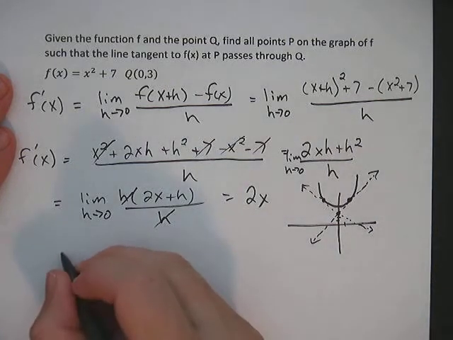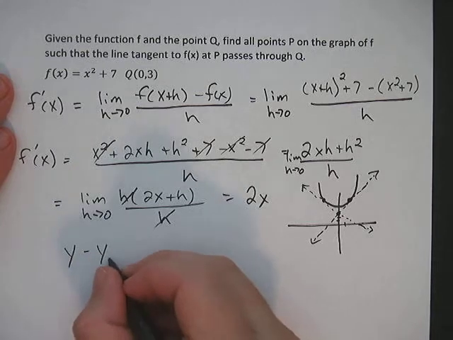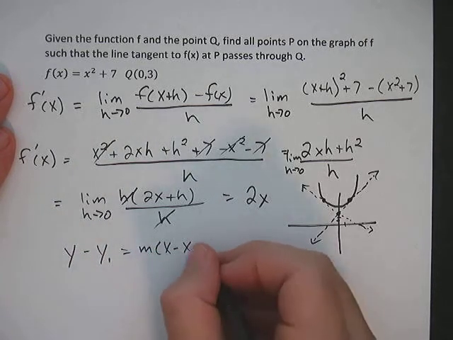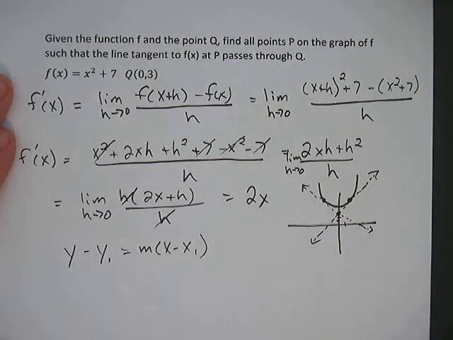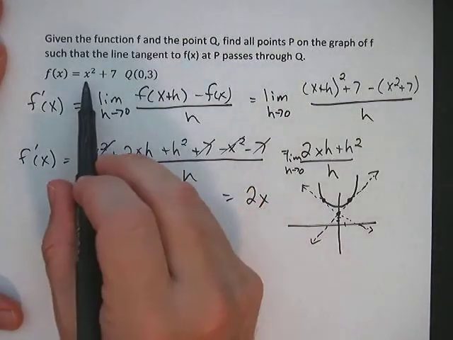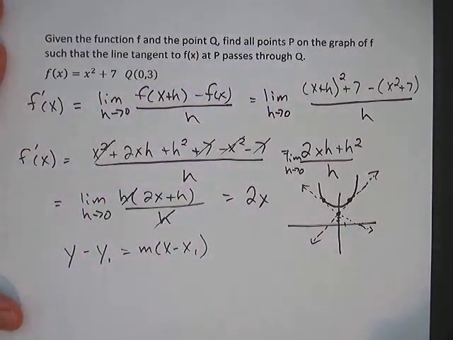Well, we're going to use y minus y1 equals m times x minus x1. And we are going to use the information that we have to plug in. The first thing we have is the function f of x equals x squared plus 7, and we have this point.